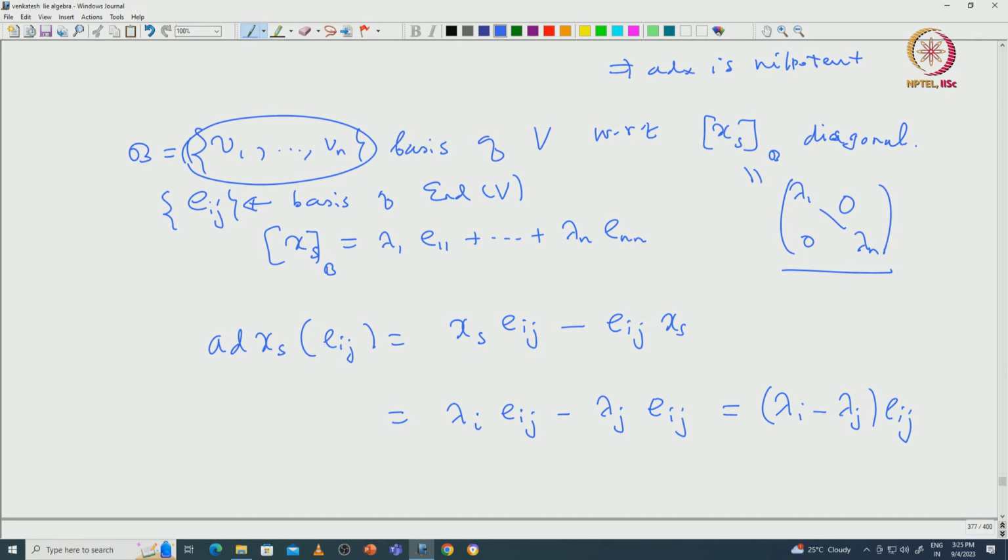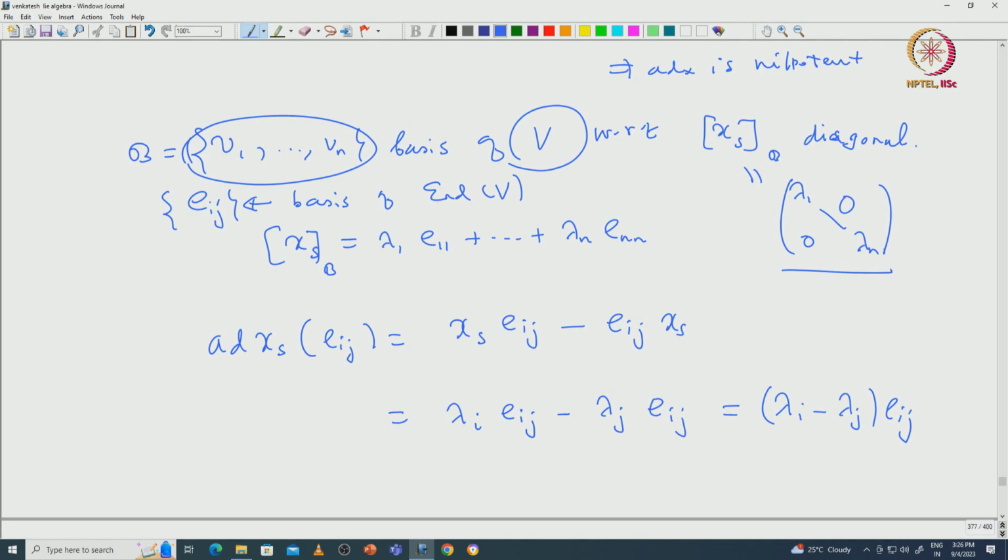If we take these lambda_i, which are eigenvalues for x, that is the relationship between the eigenvalues of x_s and x. Now we have this basis v_1, etcetera, v_n of capital V. With respect to this basis, the operator x_s is written as the diagonal operator lambda_1, etcetera, lambda_n.